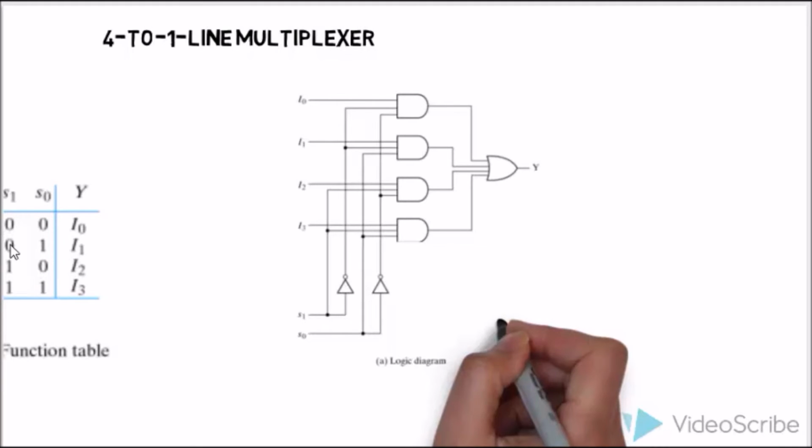If S1 is equal to 0, we go all the way through here, but if S0 is equal to 1, you're going to open I1 for J. If S1 is equal to 1, we have S1 here, it goes all the way through here, but S0 is equal to 0, you're going to open this gate, I2 for the J. If S1 is equal to 1 and S0 is equal to 1, then you're going to open I3.